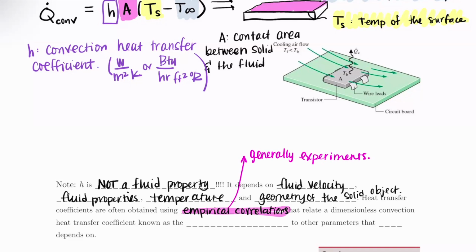And in those experiments, what happens is we relate dimensionless convection heat transfer coefficients, known as the Nusselt number, to other parameters that h depends on.